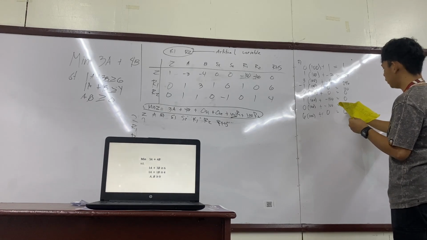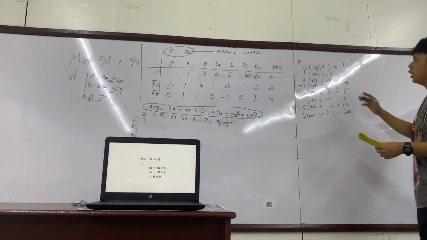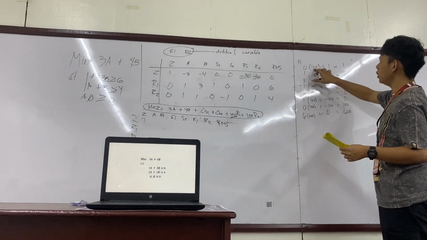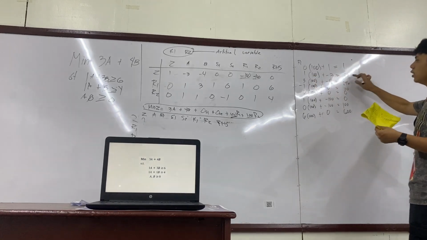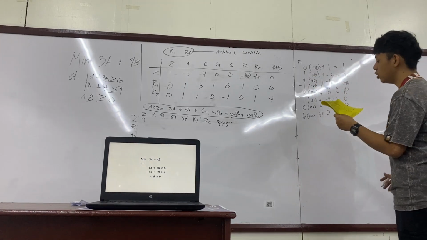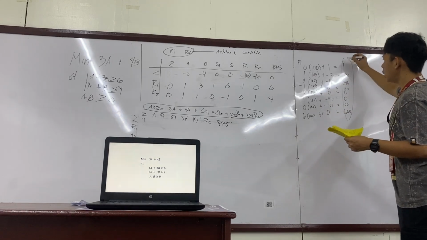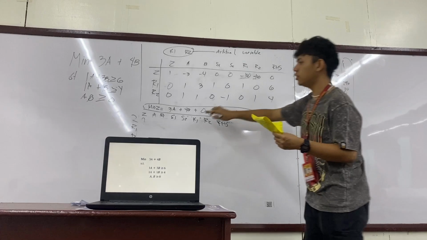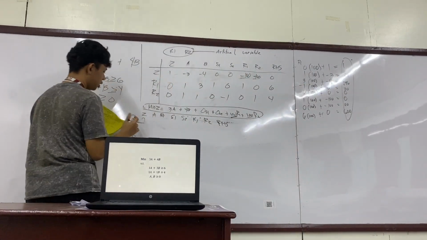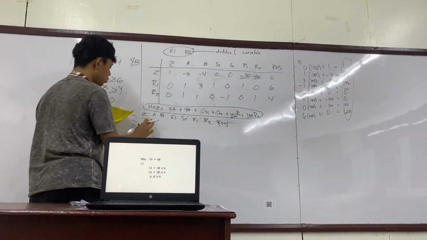100, then 600. If we do 0 times 100 plus 1 equals 1, 1 times 100 plus 3 equals 97. So this is the computation. Since we found the R1, let's put this here. So this is the 0.